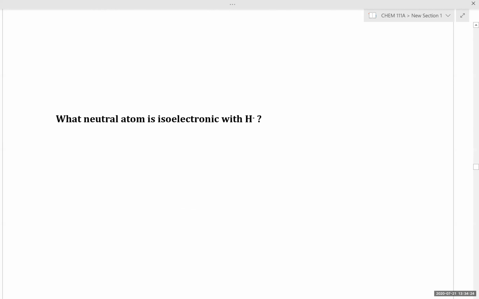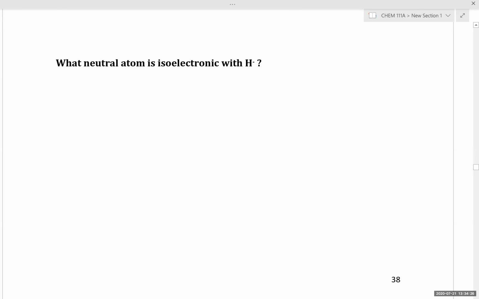Okay, I'd like us now to take a moment and try to answer the following question. What neutral atom is isoelectronic with H minus? So what neutral atom has the same number of electrons as H minus or hydride?